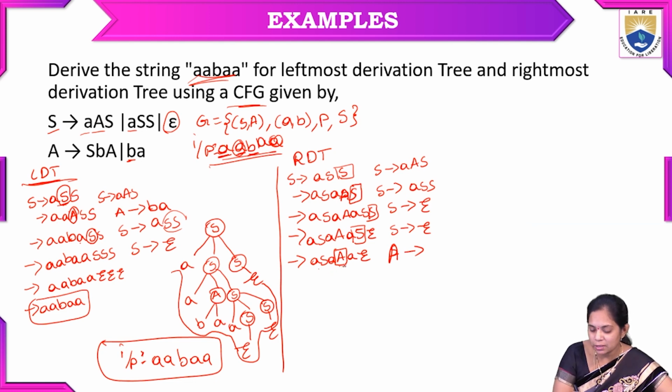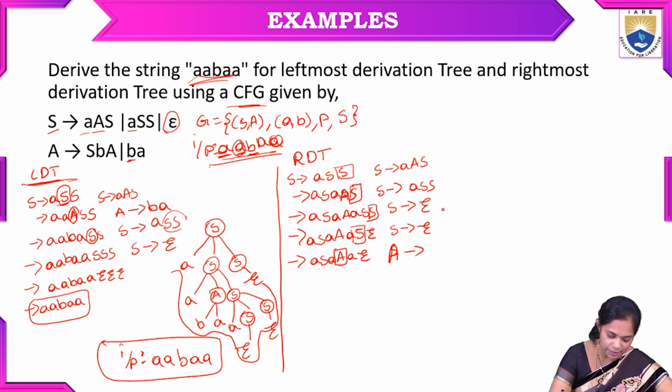Why? In the rightmost derivation, we have to check from the right end to the left. So from the right end to the left, we have the non-terminal A. We have to substitute this A with BA.